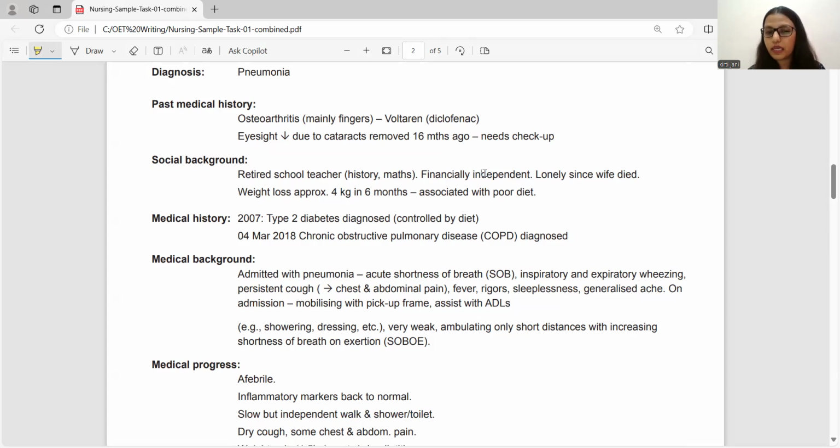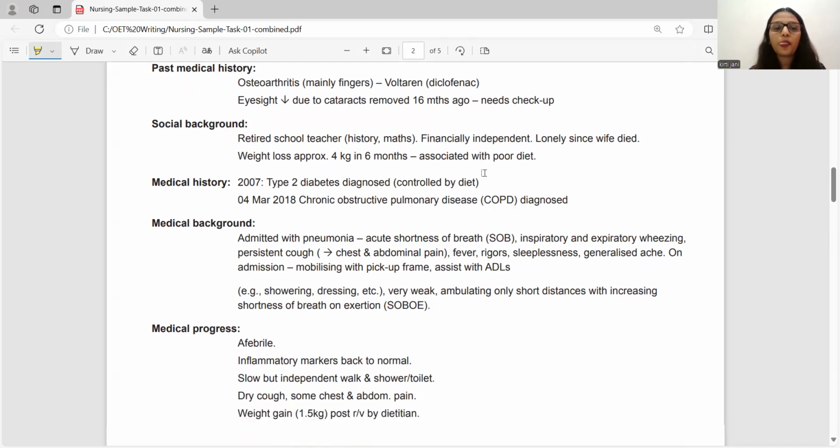Weight loss approximately 4 kg in 6 months associated with poor diet. So now I may start thinking that, okay, this is the information. Patient has osteoarthritis, decreased eyesight, school teacher, weight loss. Okay. Just read it to understand, not to mug up, not to learn, not to select. Just try to understand. Okay.